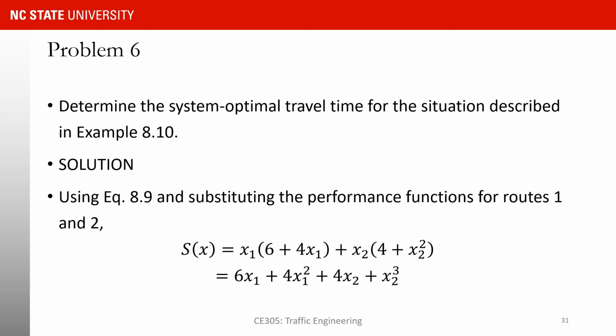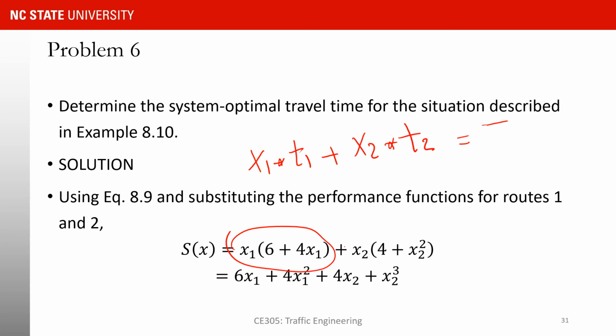So you need to again find or construct the S function. So here it's going to be x1 times (6 plus 4x1) plus x2 times (4 plus x2 squared). So if you want to know what that is, this one is x1 times t1 and the other one is x2 times t2, and that is really the summation of xi ti over all i's, which is equal to the S function.